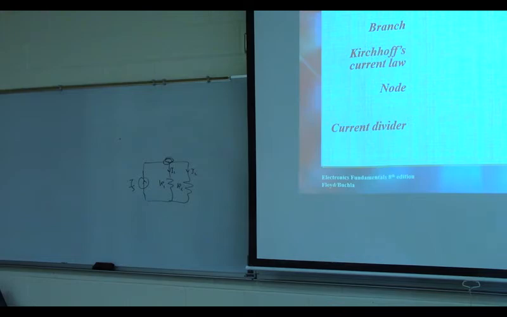Like this one, the top node, right, we call it A. How many components meet at that point? Three. The source is one, right? So three components meet at that point. So that is called a node. And the bottom also, how many components?